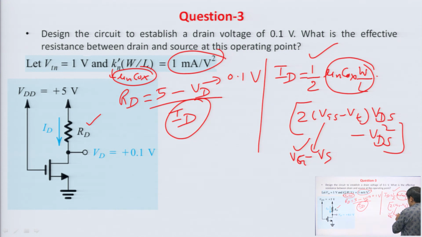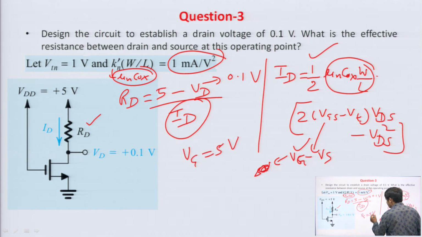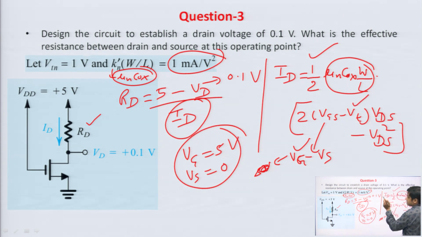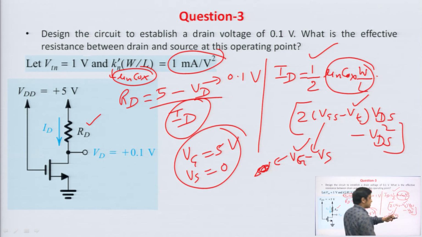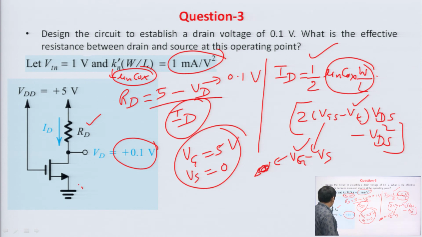So, Vg is 5 volt, source voltage is 0, and Vt is given, that is 1 volt, fine. And what is the value of Vds? Vd minus Vs, Vd is 0.1 volt, that is given, Vs is 0.